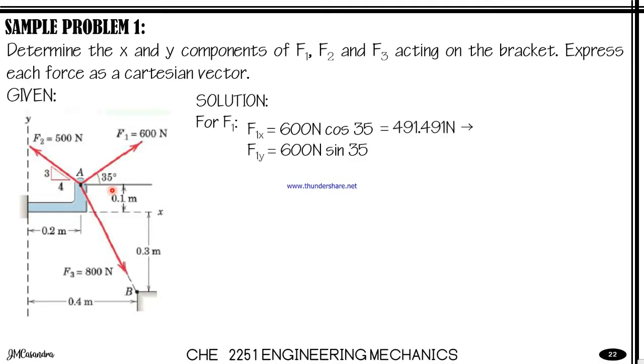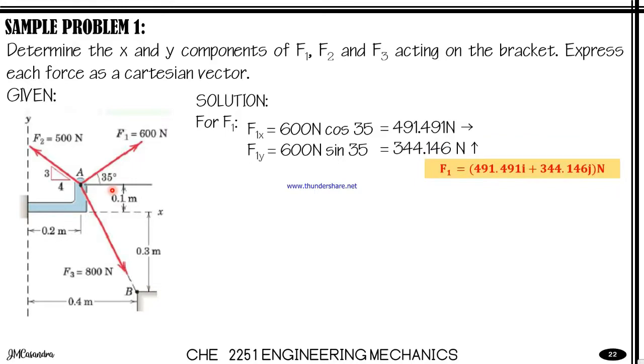So it will give us a value of 491.491 to the right, or in the positive direction. And for the y component, it will be 344.146 newtons upwards, or a positive value.